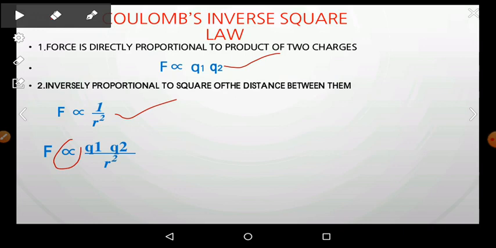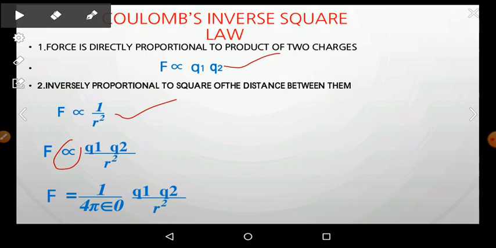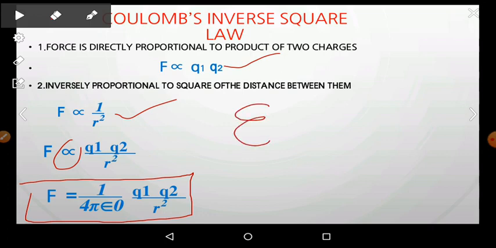When you remove the proportionality symbol, there should be a constant, and we have to see what that constant is. So here we have the final equation: the force between the two charges in vacuum is 1 divided by 4 pi epsilon naught, times Q1 Q2 divided by r square. What is this epsilon naught? This is called the permittivity of vacuum or free space.